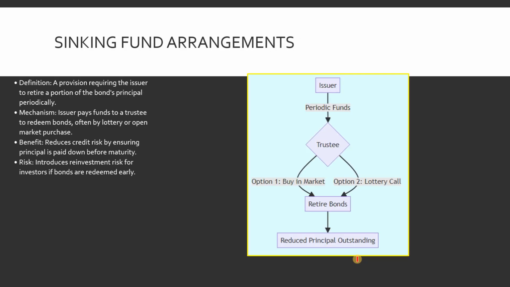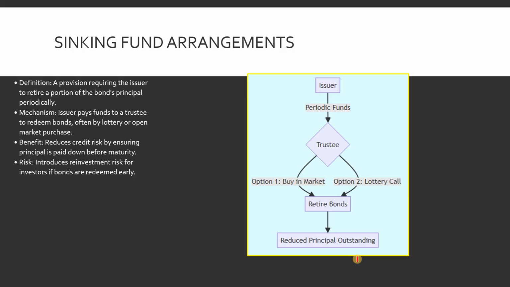Now let's talk about sinking fund arrangements. A sinking fund arrangement is another method for retiring debt early. It requires the issuer to set aside funds for redeeming a specific portion of the bond issue each year. The issuer typically forwards these funds to a trustee, who then retires bonds either by purchasing them in the open market or by selecting bonds randomly to be paid off.